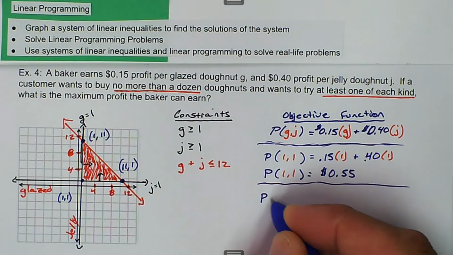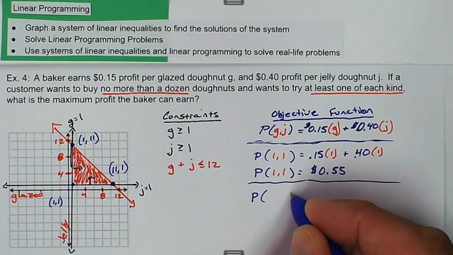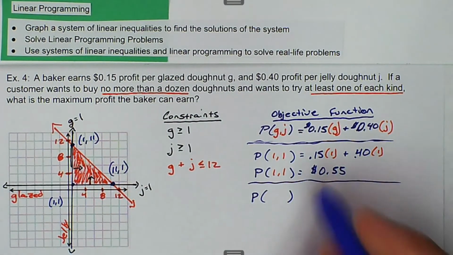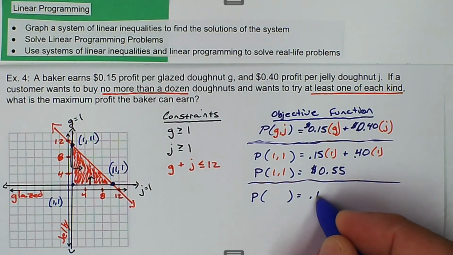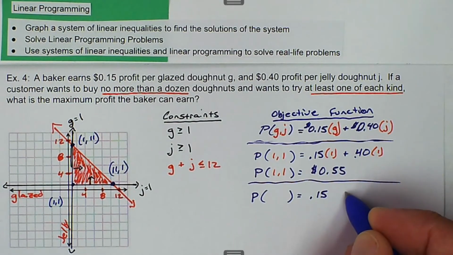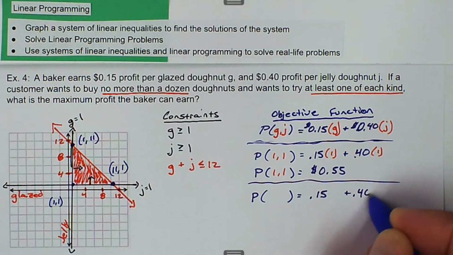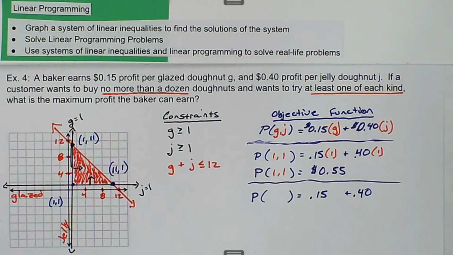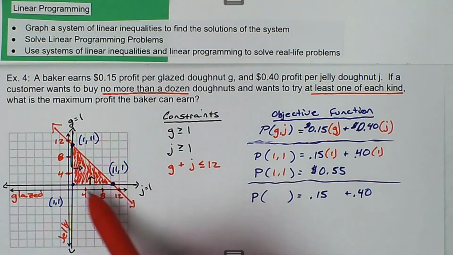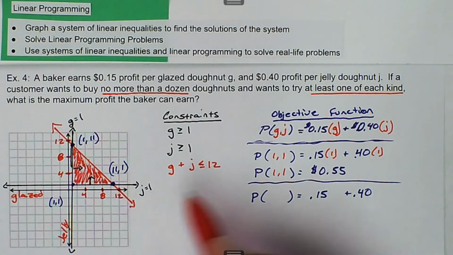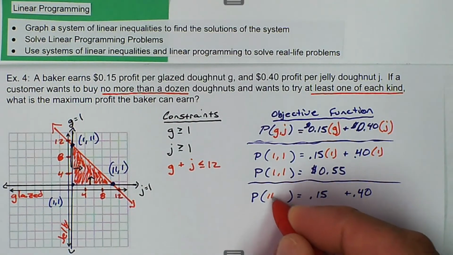So the profit, and you get 15 cents for the glazed donut plus 40 cents for the jelly donut, and we want to check (11, 1). So (11, 1) is going to be glazed 11, jelly 1.